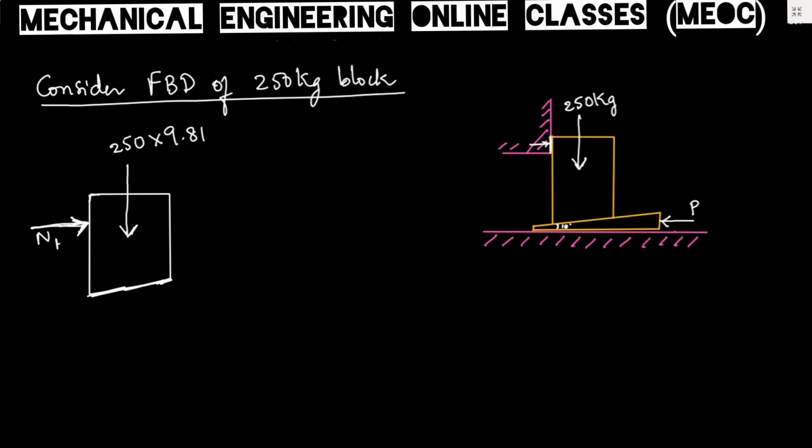And the wedge is replaced by the normal reaction given from the wedge. It will be perpendicular to this inclined plane. So these two are perpendicular here and these two will be perpendicular here. Let this be N2.